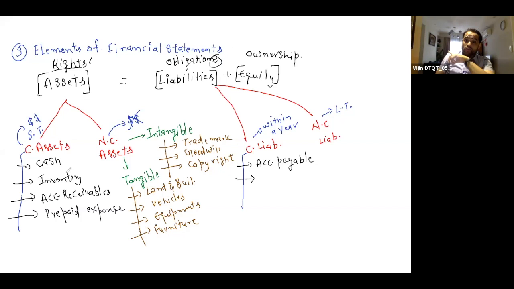The opposite of cash is a bank overdraft. A bank overdraft is like borrowing from the bank without mortgaging your assets. Normally when you borrow money from the bank, you have to mortgage your assets.